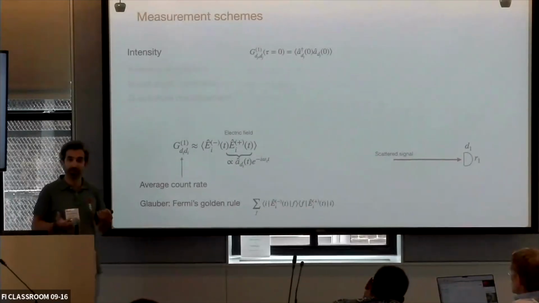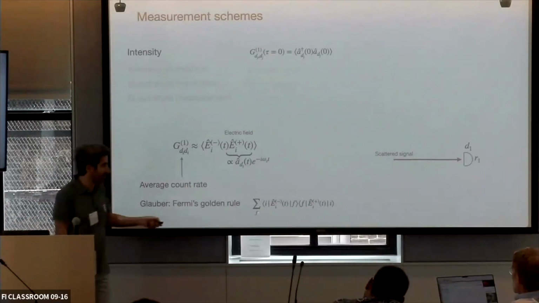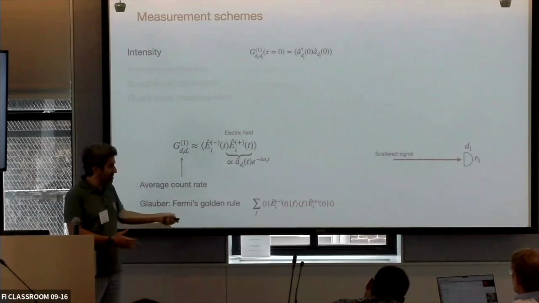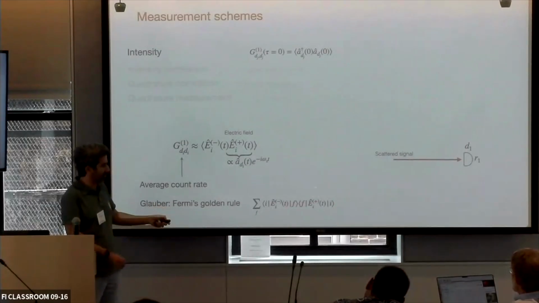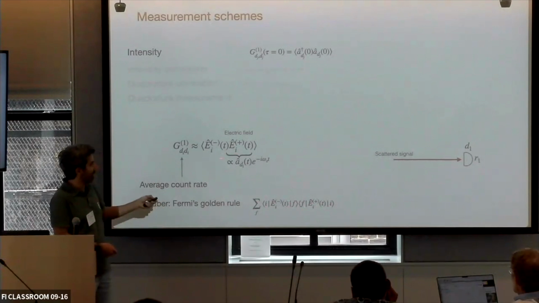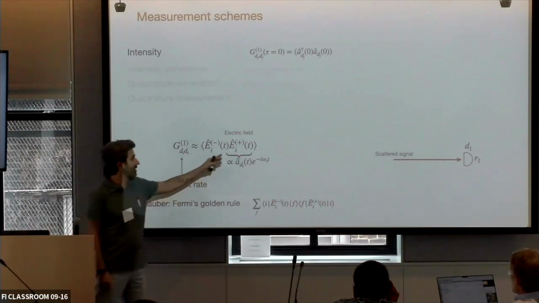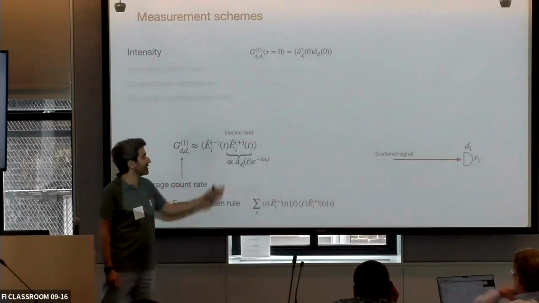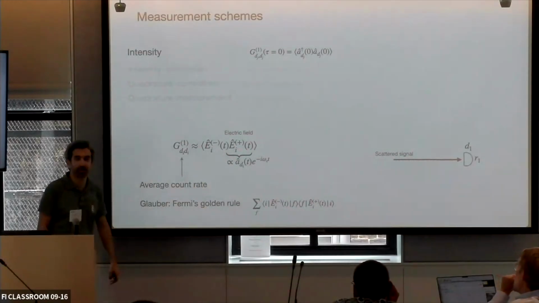That's how Glauber told everyone how to think about photodetection. So at a specific time, I can think of the rate at which I'm exciting this photodetector, and the current that is generated would be proportional to this. If I sum over F, then I'm basically measuring this quantity, which is the intensity at some specific time.